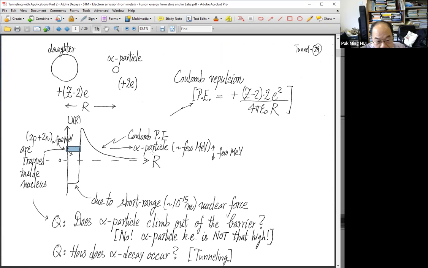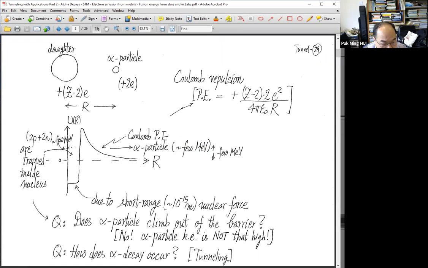This is the radial direction, so it stops at 0. You can think about there's another side here. It is also trying to get out on the other side. And from experimental data, we know that the alpha particle that comes out has an energy of 5 MeV, 6 MeV, up to maybe 10 MeV. But the range is not big. So it's a few MeV.